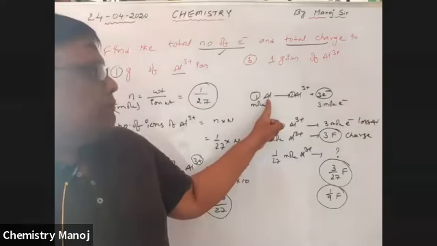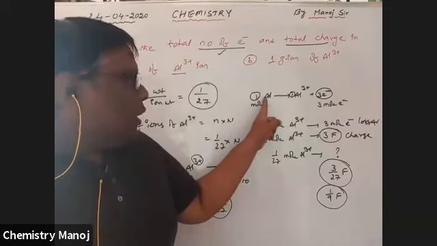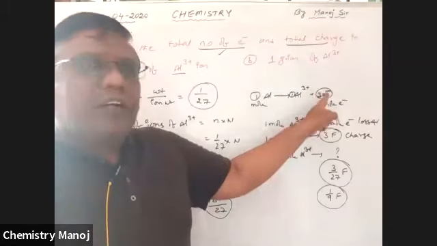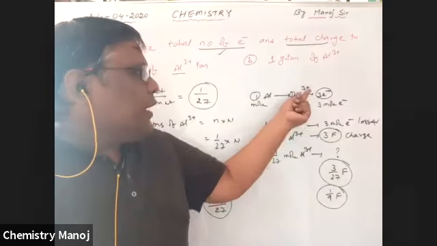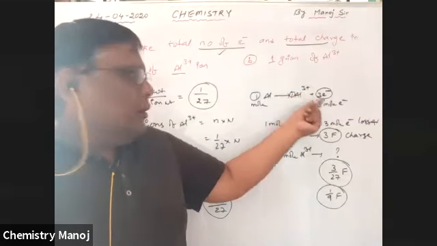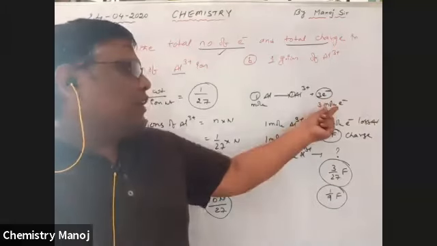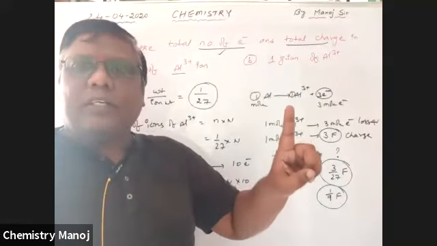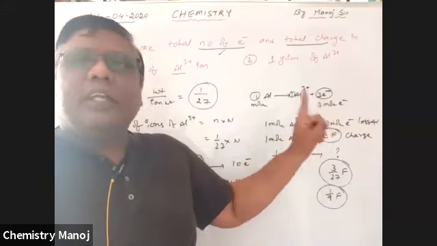See here. Aluminium loses 3 electrons and converts into Al3+. 1 mole of aluminium loses 3 moles of electrons, which means it has +3 charge. 1 mole of electrons has 1 Faraday charge, so 3 moles of electrons have 3 Faraday charge.